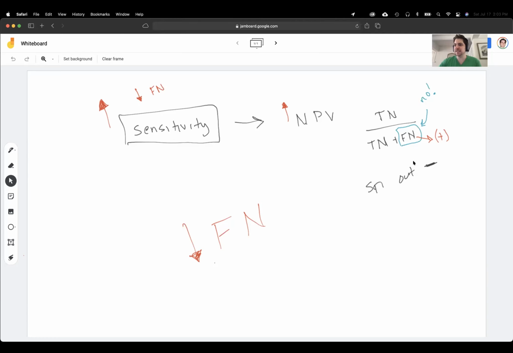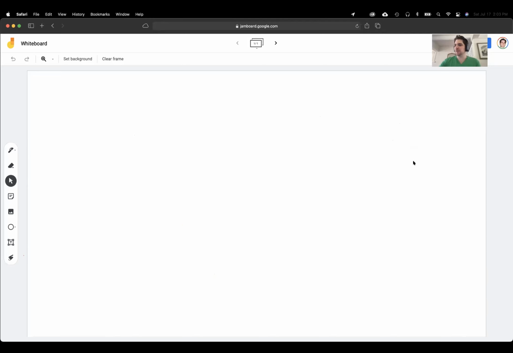The whole point of a highly sensitive test is we want to eliminate our false negatives. Nobody's allowed to walk out with the disease. And you can see in the negative predictive value, this is in the denominator. We want to keep that as a low number. That's how I wrap my head around it. But if you want to use spin snout, that's fine too. Just get it right on the test.